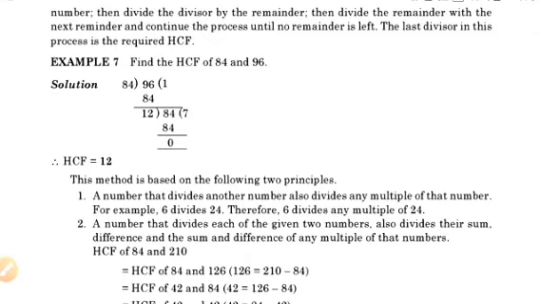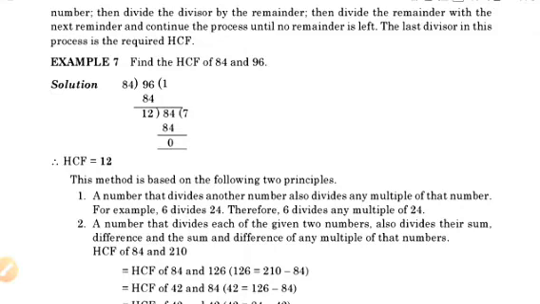Now we are given two numbers 84 and 96, in which 96 is greater than 84. So we divide 96 by 84. 96 is the dividend and 84 is the divisor. To divide 96 by 84, we multiply 84 with 1, we get 84, and then subtract 84 from 96, we get 12.